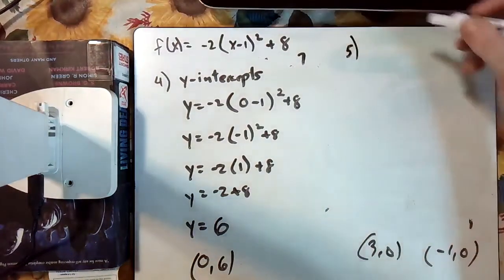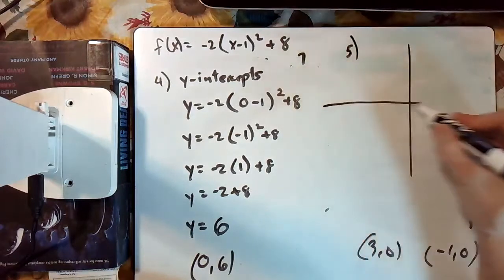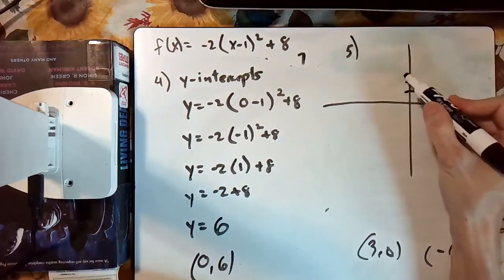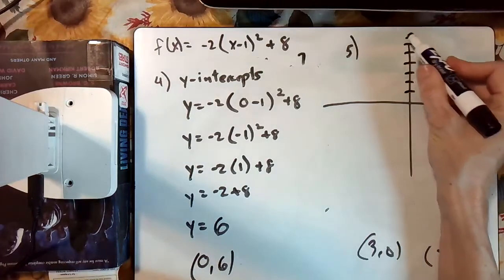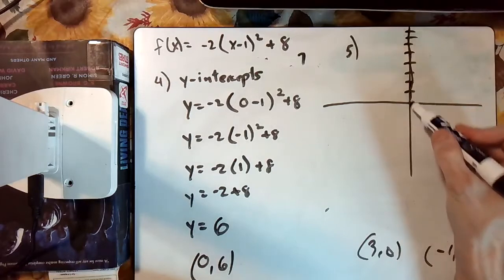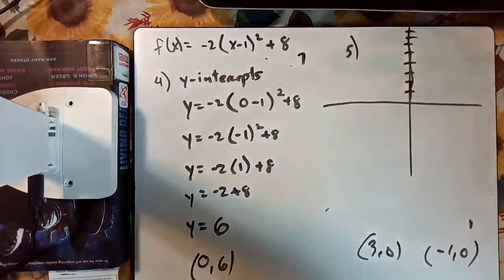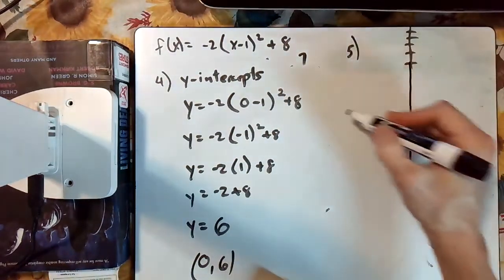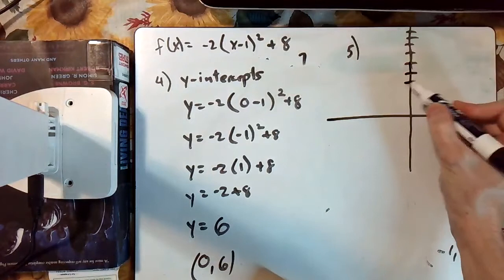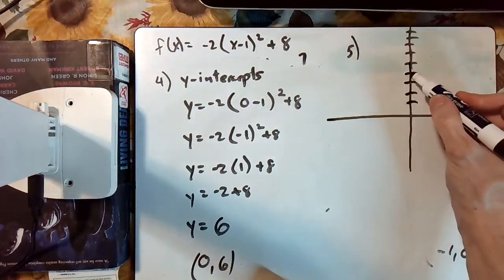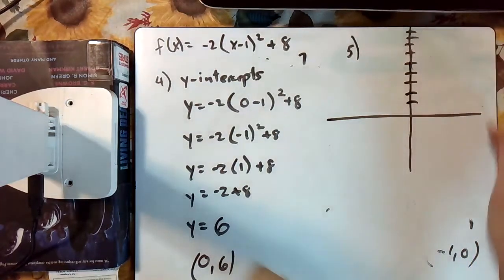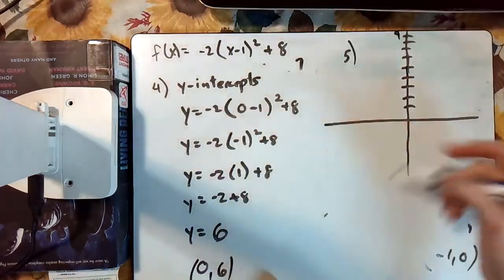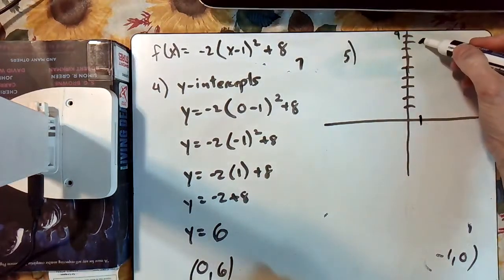So that was the fifth one, where we'd actually draw the sketch. Okay, so this is 9 up here. The vertex was 1 comma 8, so something like right here.